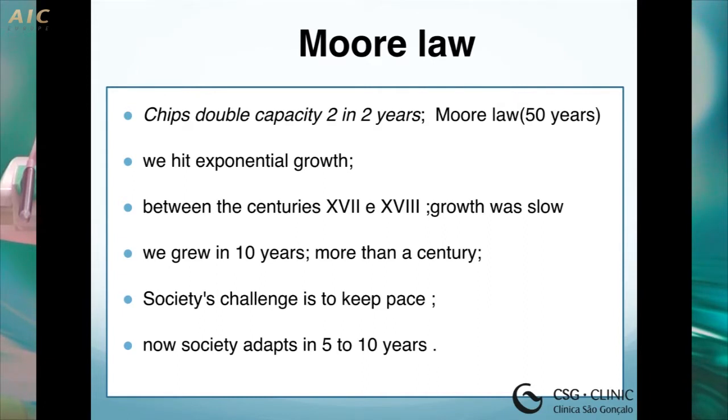People who lived between the 17th and 18th centuries lived more or less the same way. But nowadays, we grow as a civilization more in 10 years than they did in 100 years. It's amazing how much we are developing and transforming our lives.